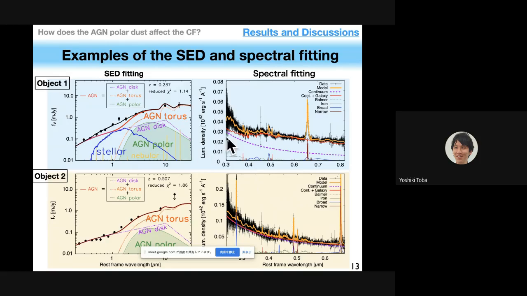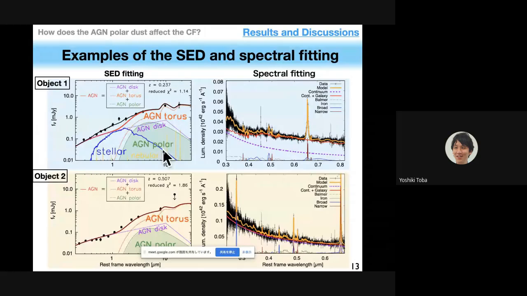Also, the right figure shows the result of the spectral fitting. The purple line is the AGN continuum, and the red line is the AGN continuum plus AGN host emission. If we look at the purple and red lines of object 1, we can see that the AGN continuum is not enough to explain its spectrum, and it requires the host component, which is actually consistent with what is seen in the SED fitting.